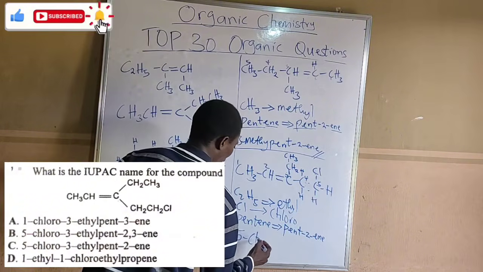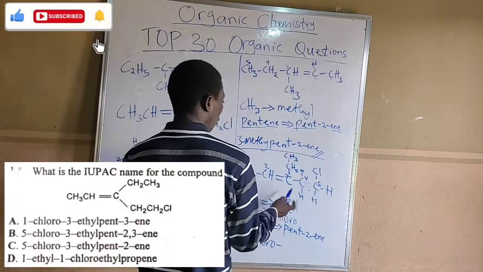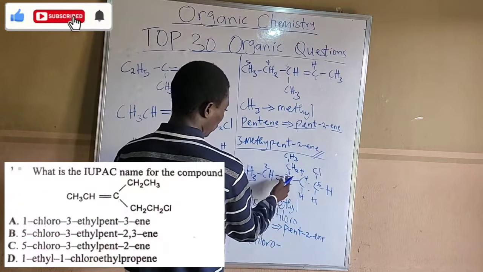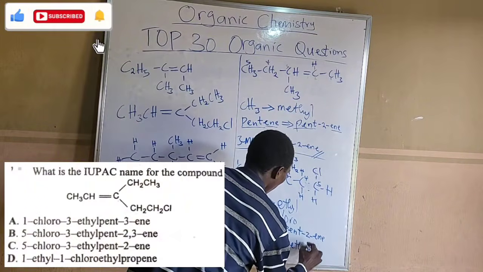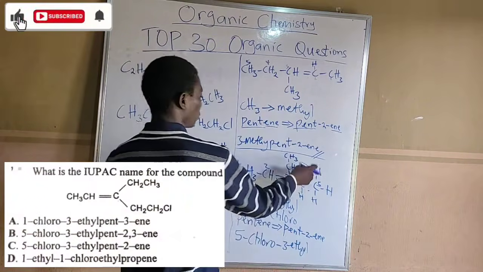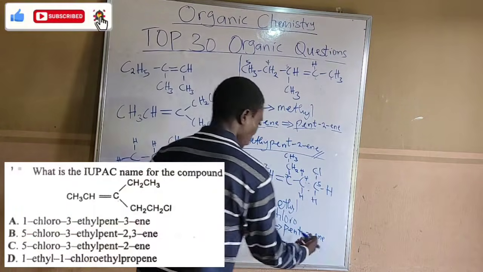Instead of me calling it chlorine, I will call it chloro. Followed by ethyl. Well, ethyl is attached to what carbon? Carbon 3. 3 ethyl. Then we are done with the substituents. So we put the parent name joined, and the parent name is this: pentene.